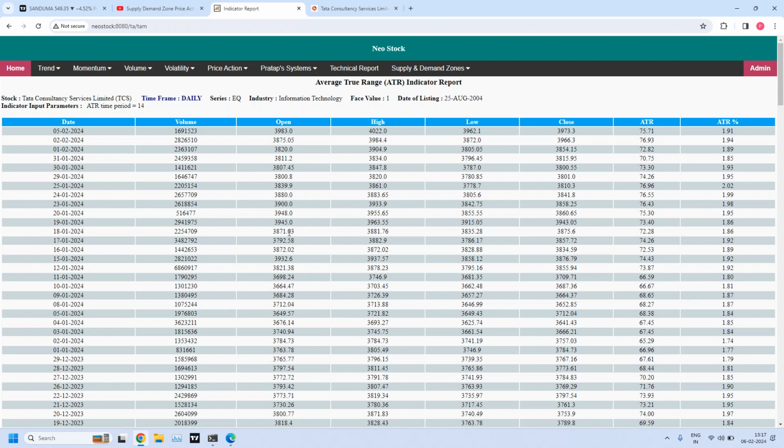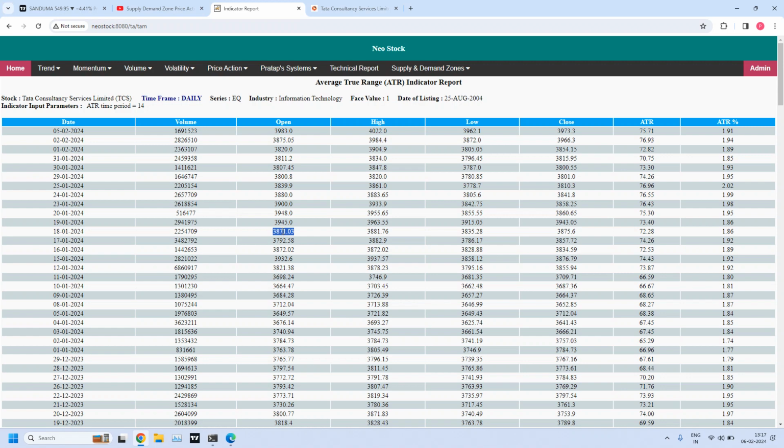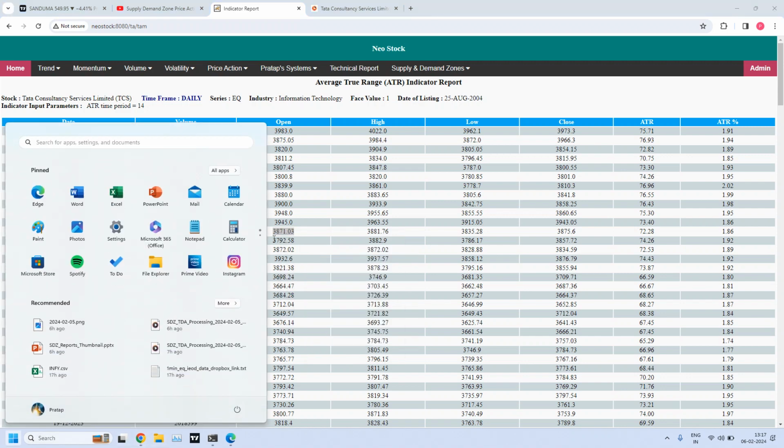But what is NeoStock data on 18th? 3,871.03. See the decimal value here. And NSE shows 3,898. What is the total dividend? 27. So let me take the calculator.